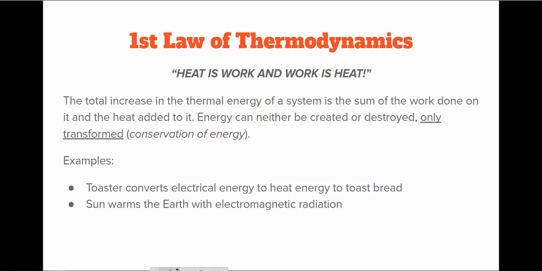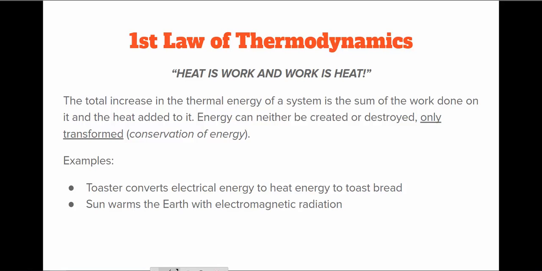So this is the first law of thermodynamics. There's actually 4 laws of thermodynamics, but we're going to focus on the first 2. But we'll cover all of them here, just so that we make sure that they're covered. So the first law of thermodynamics is, like I said, a restatement of the conservation of energy.